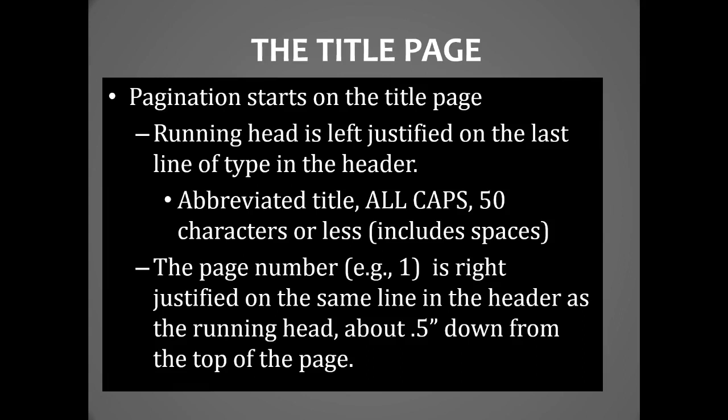The pagination starts with the title page, and it is in the upper right-hand corner, and on the left, you have what's called the running head. The running head is left justified, and I'll give you some examples of this in a second, up on the left. And the page numbers are right justified up on the right.